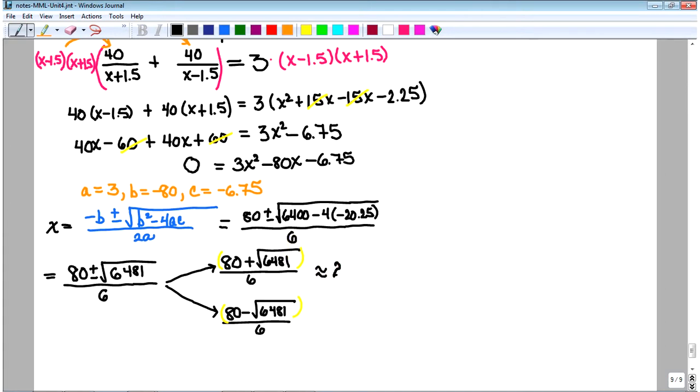And this is approximately 26.8. When I put my second value into my calculator, that gives me approximately negative 0.1.